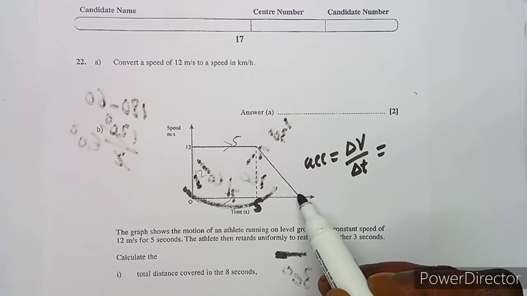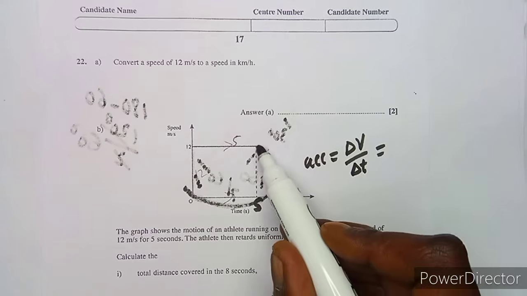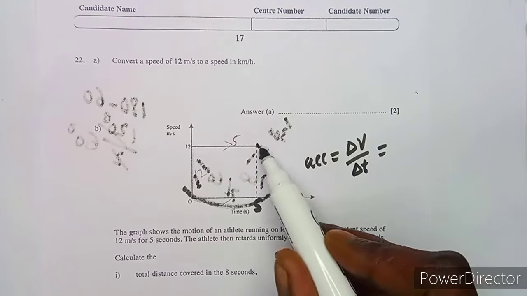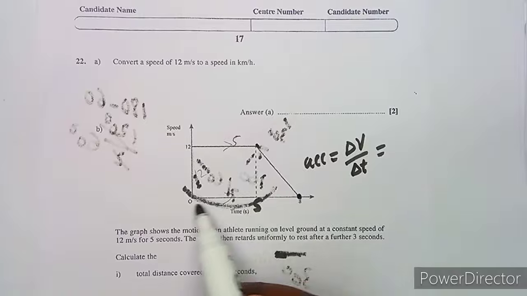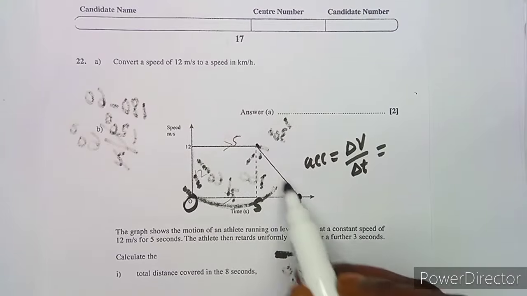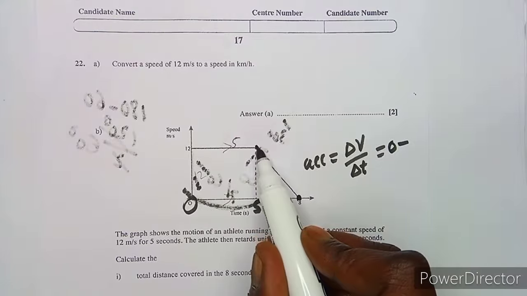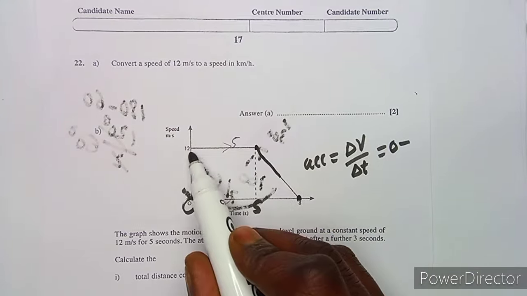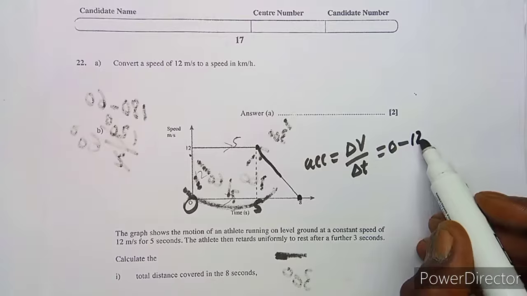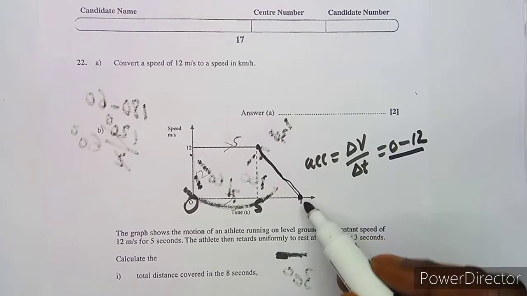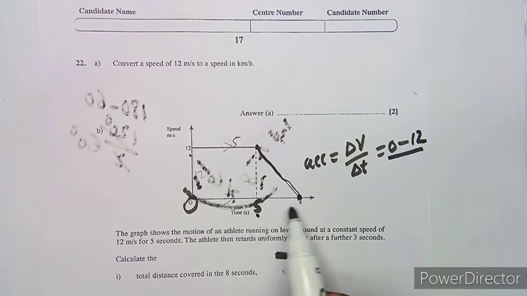So from here, our final velocity minus initial velocity, which is 0 here because it's now at rest. Our velocity is 0, so it's 0 minus the initial velocity. It started to retard from this point, which is at 12 meters per second, over the change in time between 8 and 5.